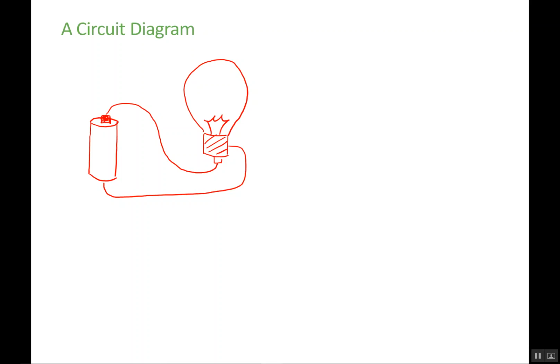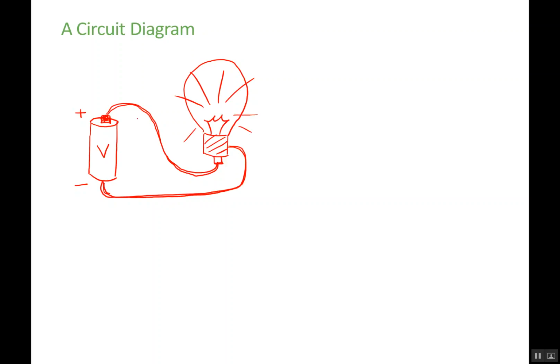This picture is an electric circuit consisting of a battery, which supplies a voltage. The battery has a positive terminal and a negative terminal, and a wire connects the positive terminal of the battery to a terminal on a light bulb, and then the other terminal on the light bulb, which is actually the part of the casing with the threads on it, gets connected to the negative terminal of the battery, and the light bulb lights up.